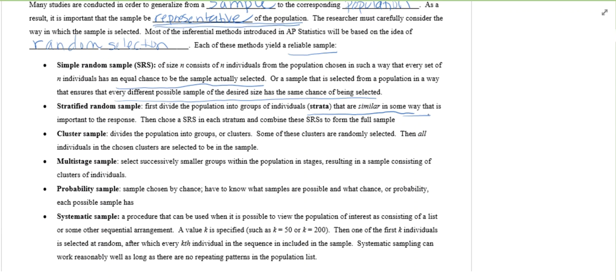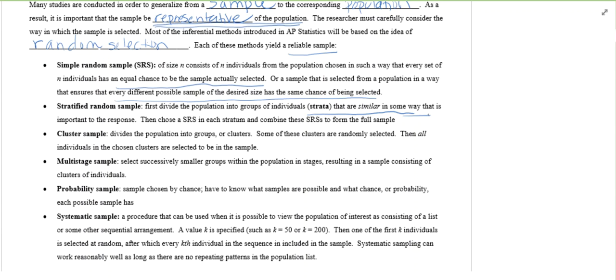Then I'm going to put the boys in a strata. Okay, so the boys, there's fewer boys in our class. I'm going to put the boys in a group, and then I'm randomly going to select 3 of the boys. So the strata are separated into the strata themselves. The people in the strata are similar. Okay, we put all the girls together, we put all the boys together. Then we take a simple random sample from within those groups.